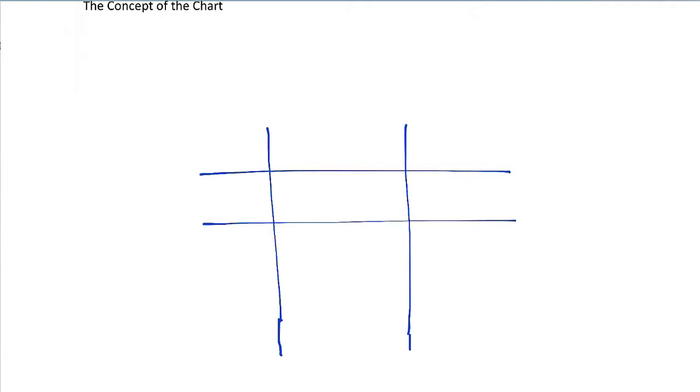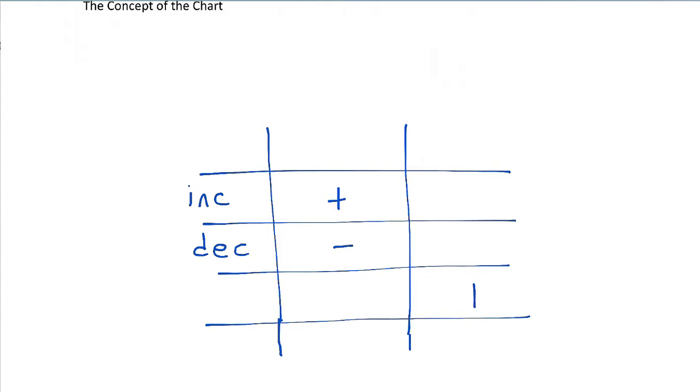What if I just leave it blank and I talk about in general what's happening? Meaning if this is positive or this is negative, this column would be increasing, this column would be decreasing. And same thing goes down here. If this column is positive or this column is negative, then this column is increasing or decreasing.